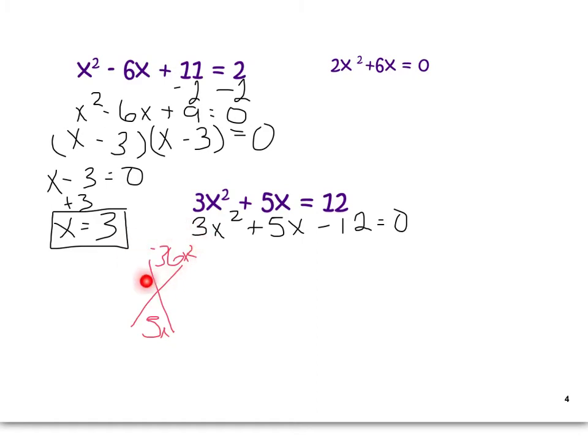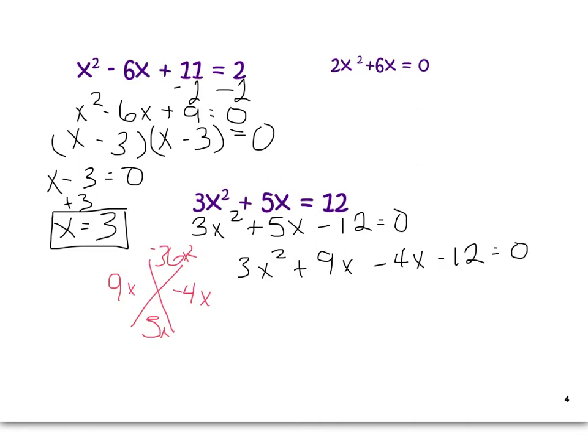So my first and my last multiplied together and my middle on the bottom there. And the terms that complete this, that make this true, are going to be 9x and negative 4x. Alright, so copying this back down, 3x squared, I'll put my 9x there, minus 4x minus 12 equals 0.